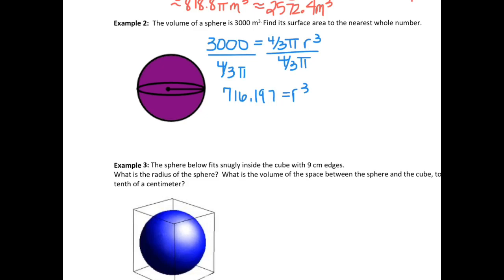So now let's take the cube root of that. I'm actually just going to use the caret function, and I'm going to do 1 divided by 3 for the cube root. So my radius is about 8.947.